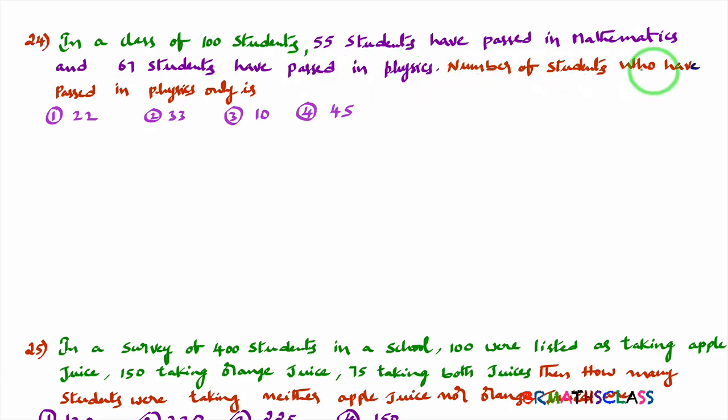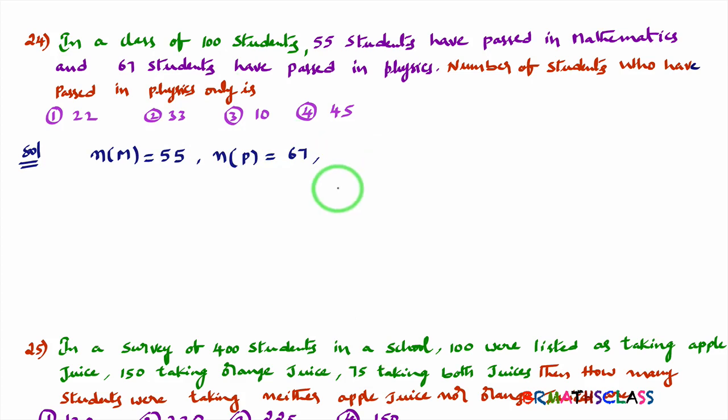The number of students who have passed in physics only. So first I'll write the given information. N of M is 55, the number of students who passed mathematics. N of P is the number of students who passed physics, given as 67.